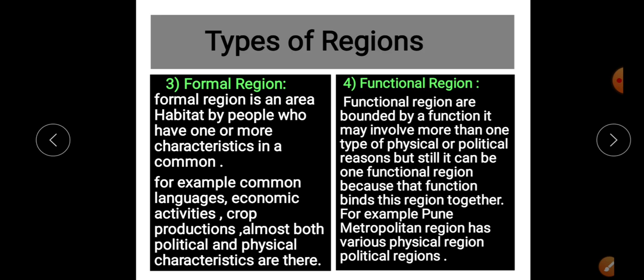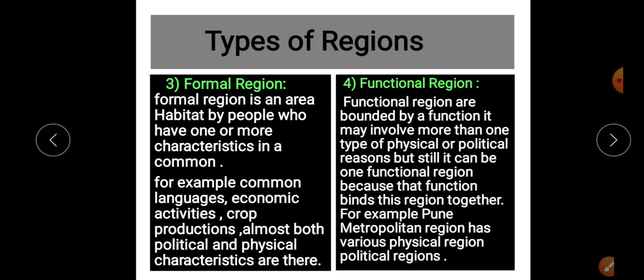For example, we can take the example of Maharashtra state. The language is Marathi. The major producing crops are jowar, bajra, pulses, cotton and sugarcane. These are the major crops of Maharashtra state.